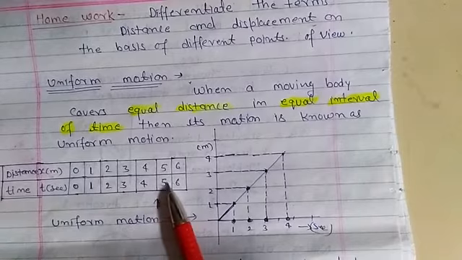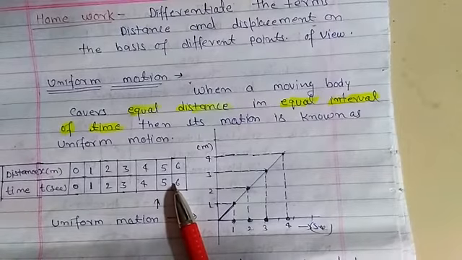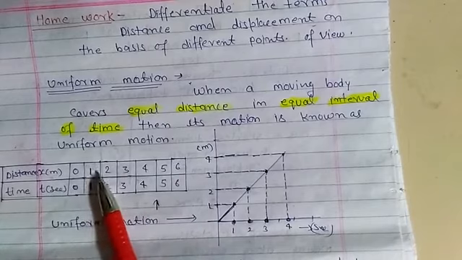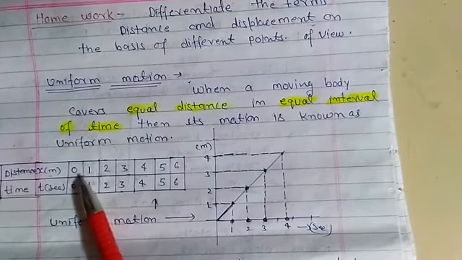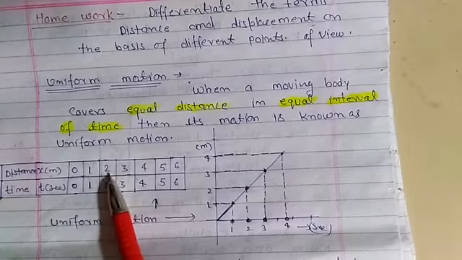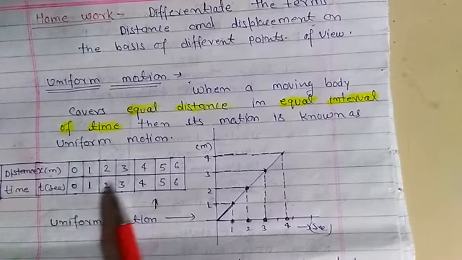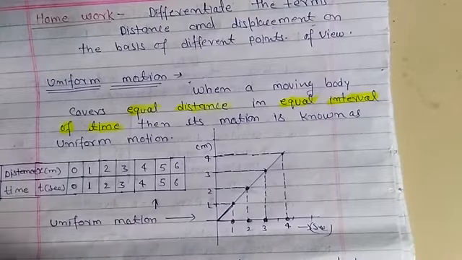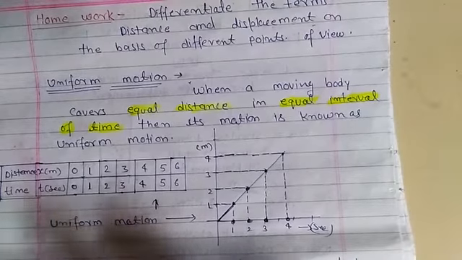The interval of time is the same in all cases, and the distance traveled by the body is 1 minus 0 equal to 1, 2 minus 1 equal to 1, 3 minus 2 equal to 1, 4 minus 3 equal to 1. It means the distance traveled by the body is the same for the same interval of time.